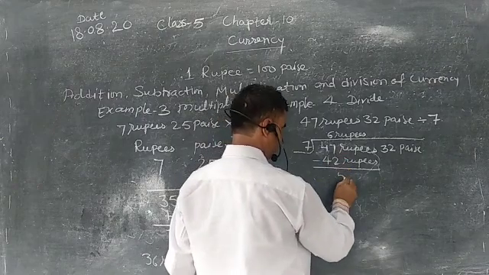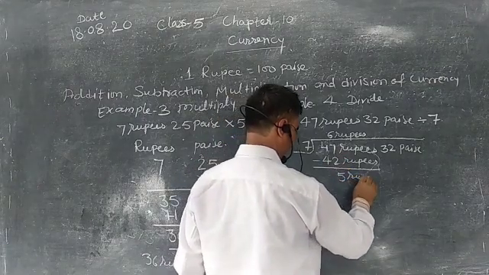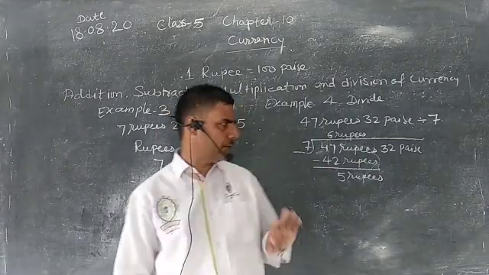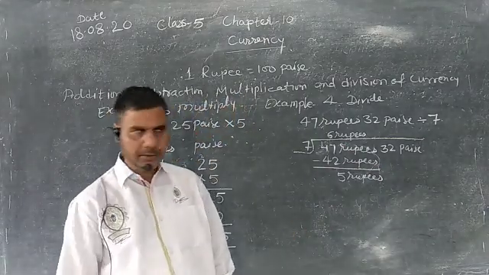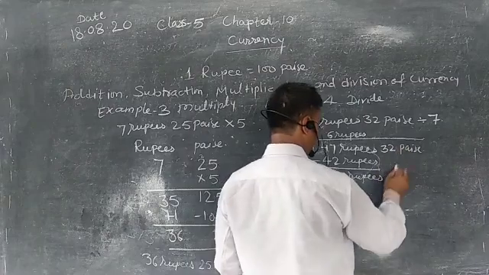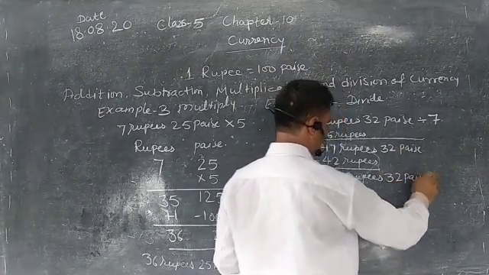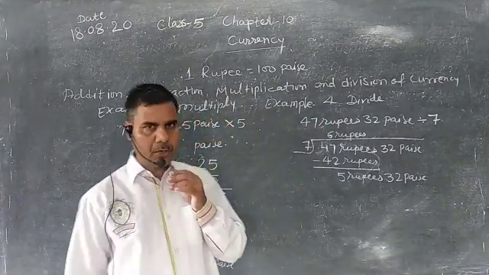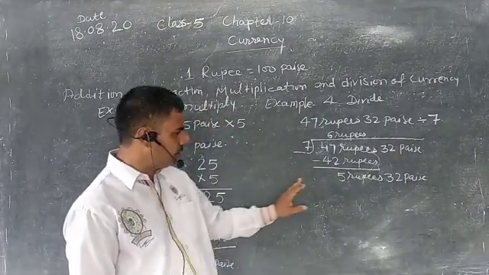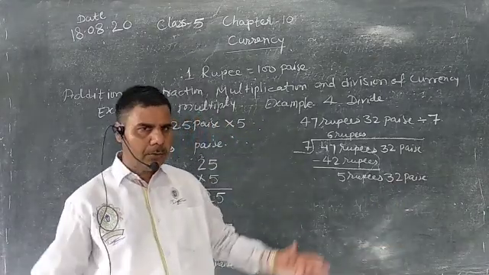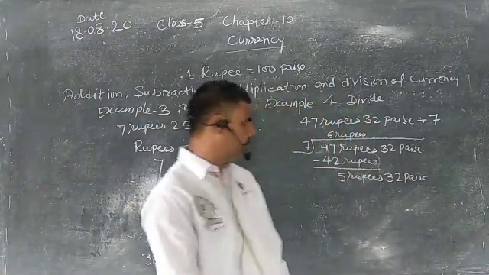This is 5 rupees. 7 minus 2 equals 5 rupees. Then we take 32 paise. Now we will convert 5 rupees 32 paise into paise only.